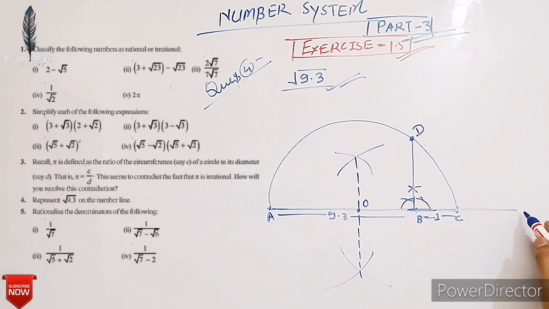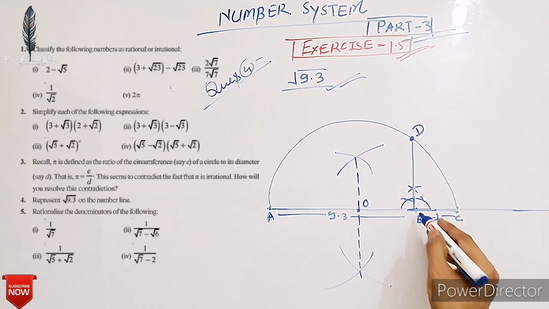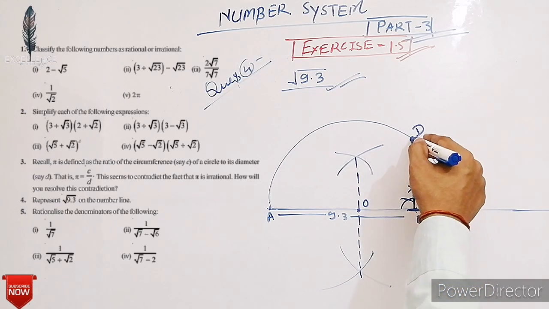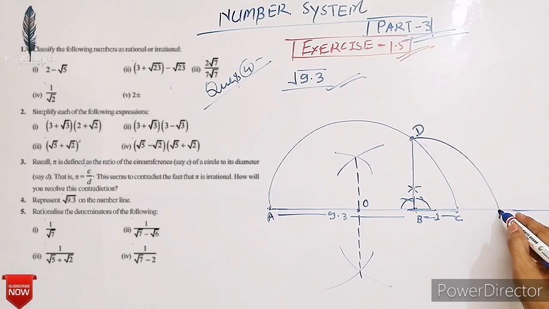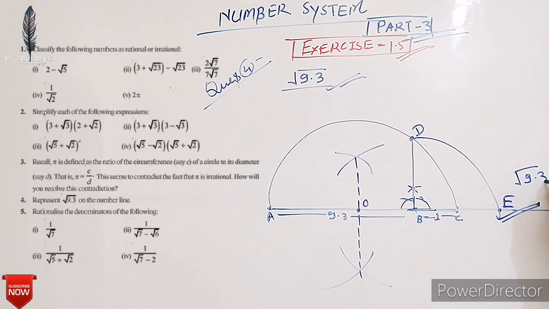So here BD is equal to under root 9.3. To represent under root 9.3 on the number line, now draw an arc with center B and radius BD which intersects the number line at E. Then point E represents under root 9.3.